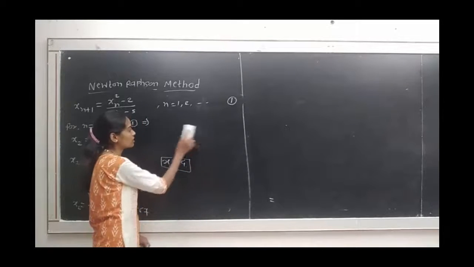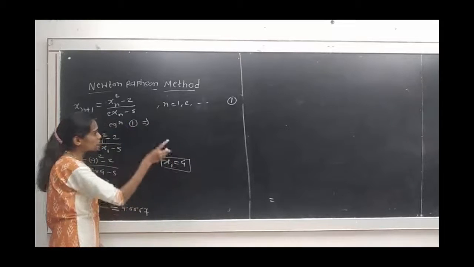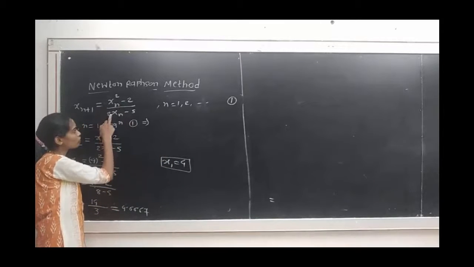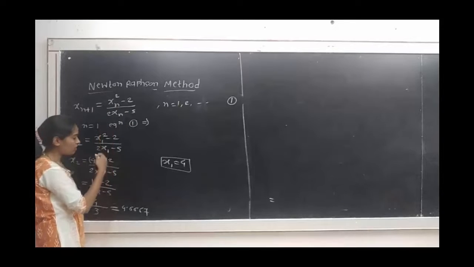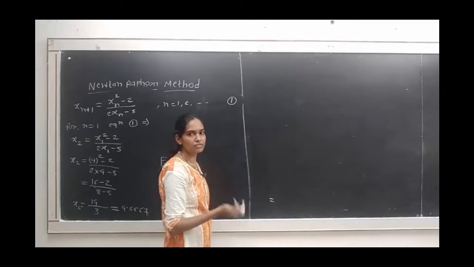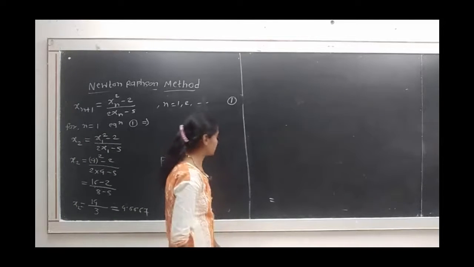Therefore we simplify this formula for the given equation, we get this new formula, and we use that new formula to find the approximate roots, that is, the next iterations.